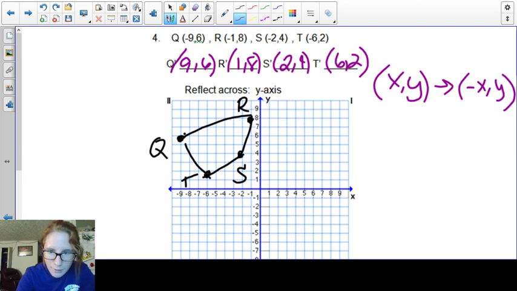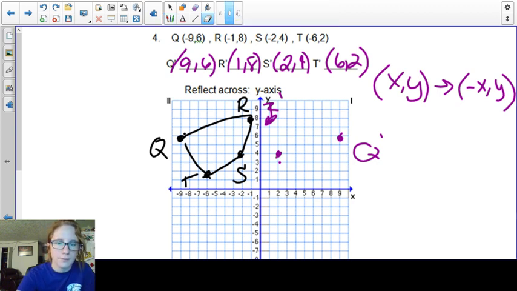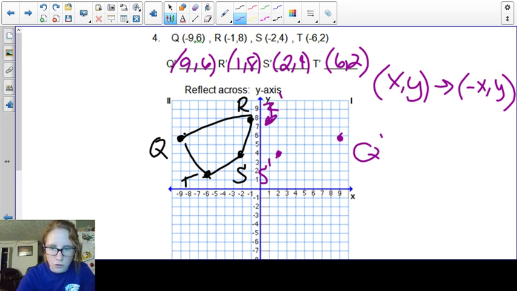So we have 9, 6. That's my Q prime. 1, 8. That's my R prime. 2, 4. S prime and 6, 2, which is T prime.